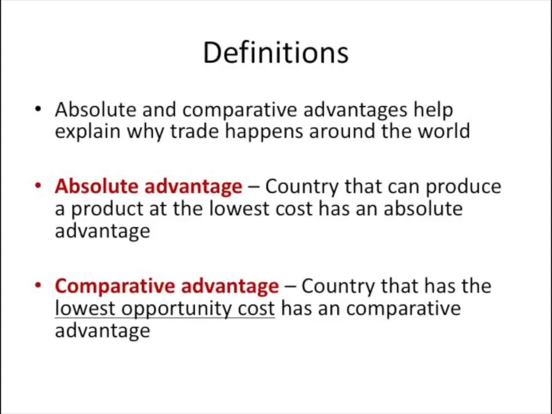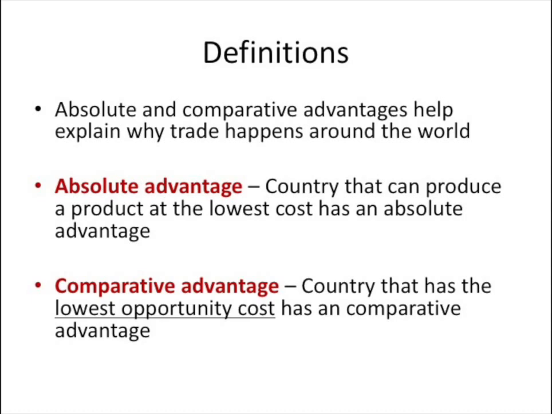Absolute advantage and comparative advantage differ. Absolute advantage is the country, and we're going to be talking in the country case here, two countries. A country is said to have an absolute advantage if it can produce a product at the lowest cost. Lowest cost results in absolute advantage.